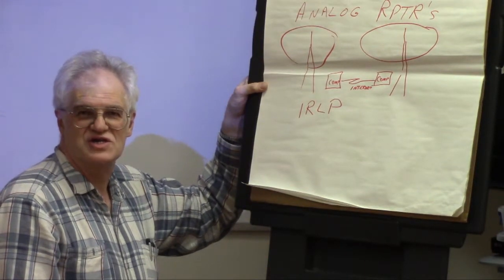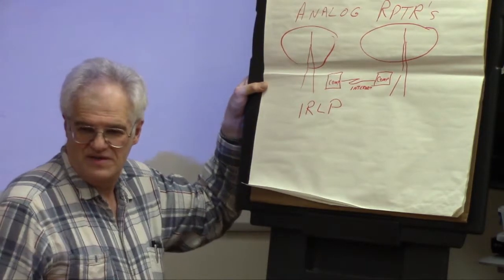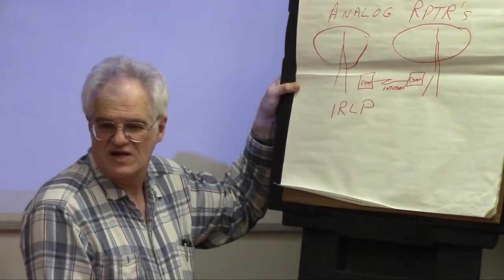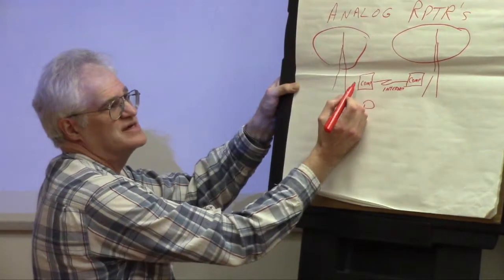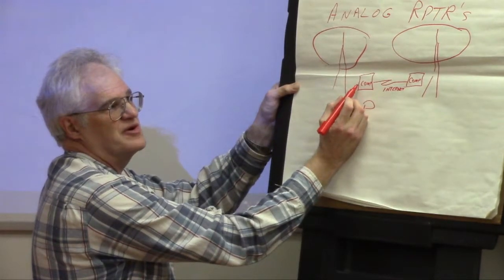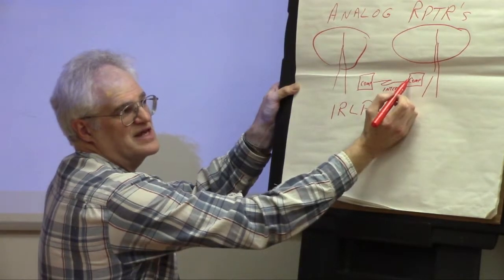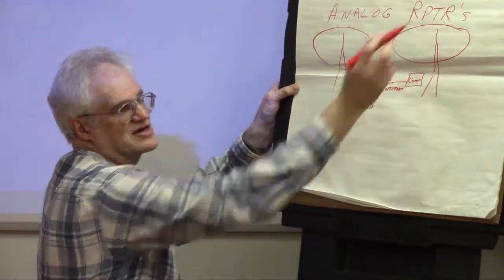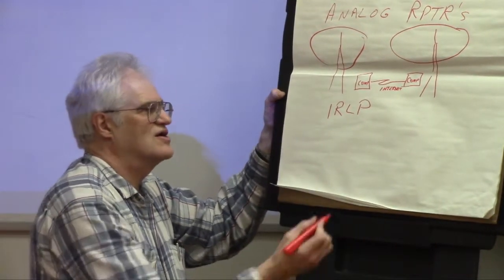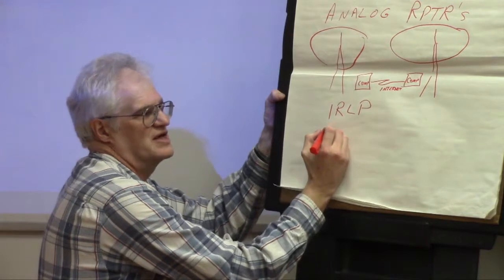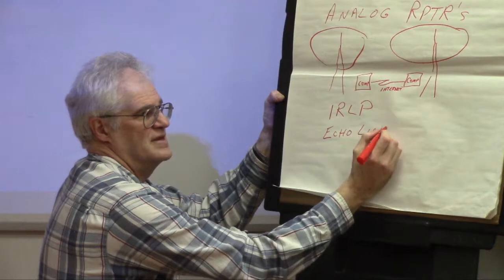So we use an internet connection to connect the two repeaters, which normally would have been out of range of each other. But everything is analog until we actually go into the computer. We change it to a digital signal, transmit it across the internet, and convert it back to an analog signal. So basically we call it an analog system. Another common one is Echolink.